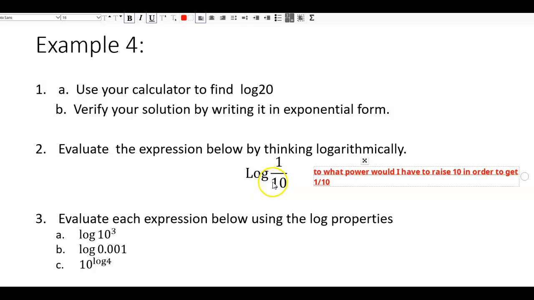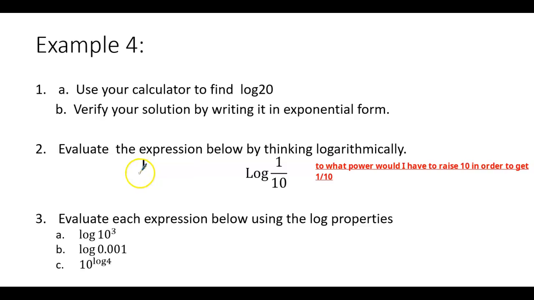So what power would you have to raise 10 to in order to get 1/10? Well, 1 over 10 is the same thing as 10 to the negative 1, right? And so the answer, if we're just going to think about it logarithmically, is negative 1.